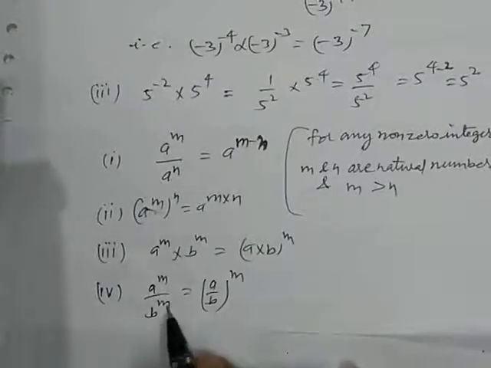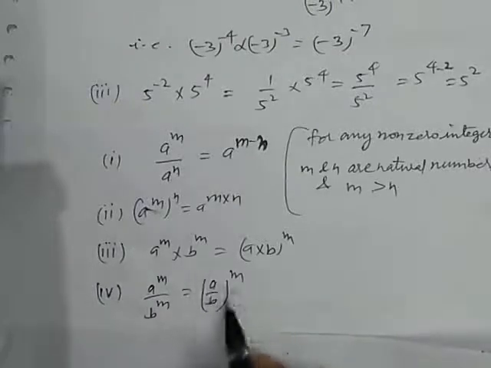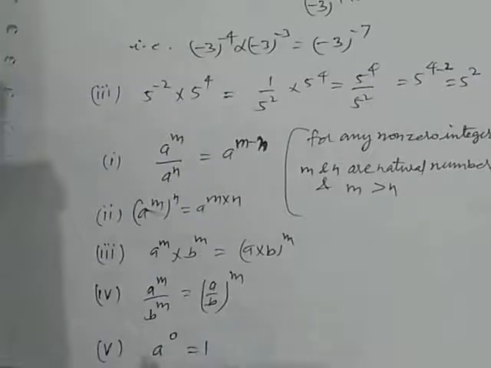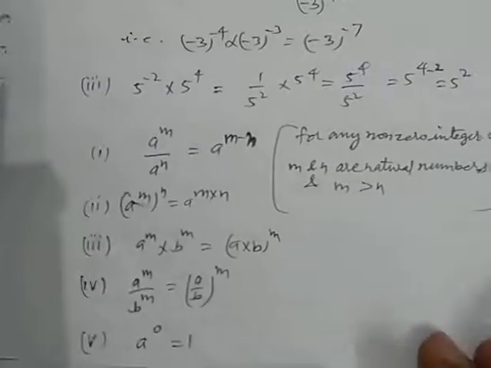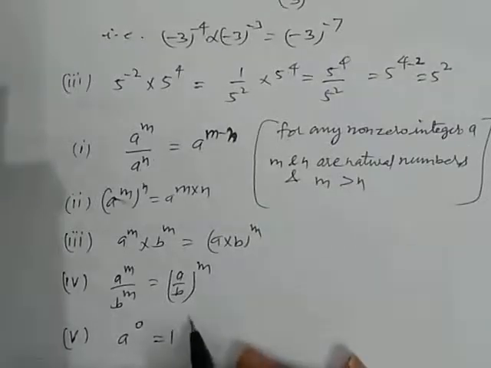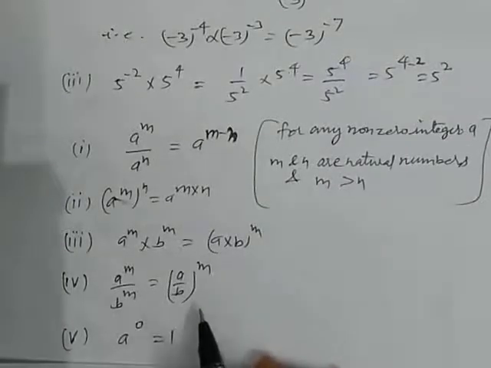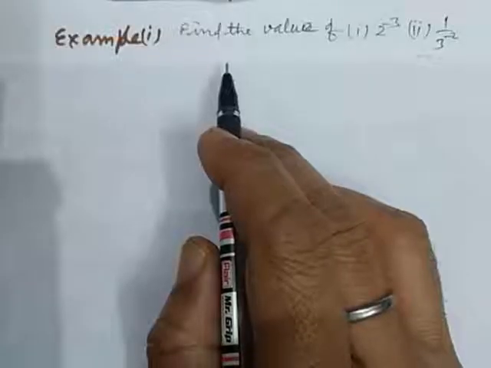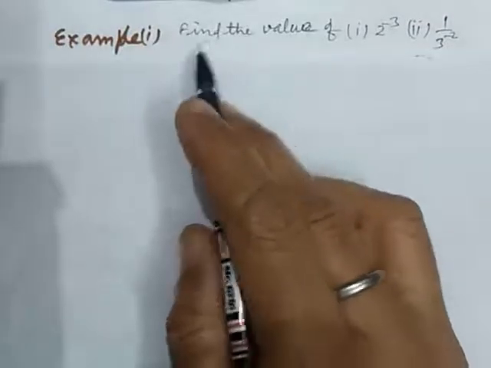Here, the powers are same, but the bases are different, so they become a by b, the whole power m. And the next rule, a raised to the power 0 equals 1. These are the laws of exponents. You already read them in previous classes.